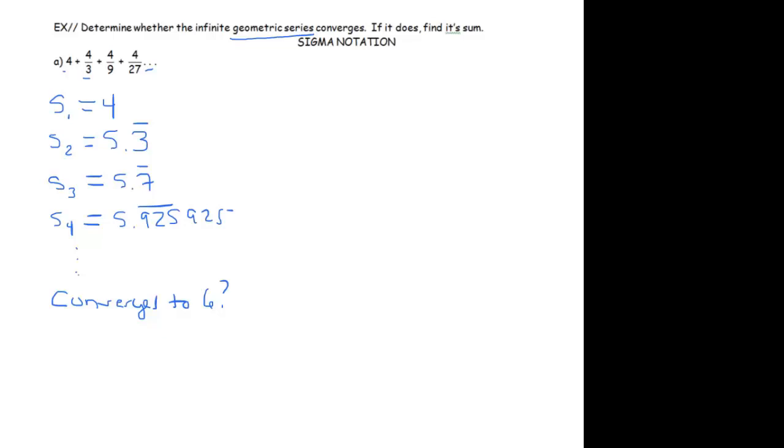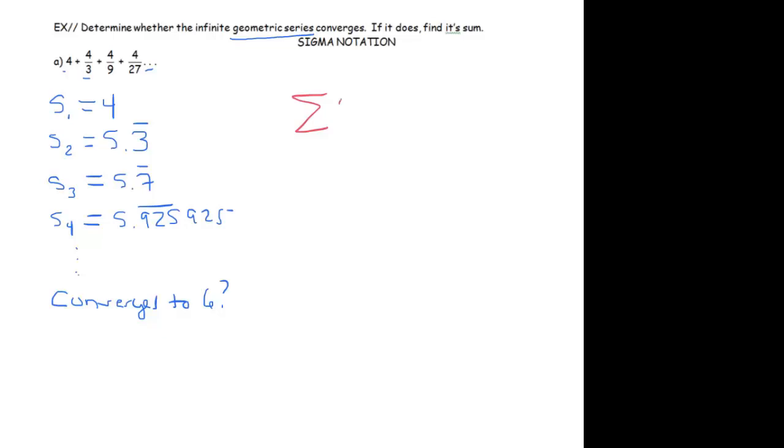Now I want to identify something here. I want to write this in sigma notation, and you'll see why in a second. We use our sigma sign, and the rule for our geometric series goes right here in front.